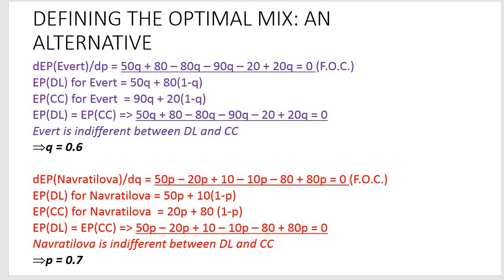And here you have it. So you can do the same in order to define the expected payoff associated with the CC strategy for Evert. And when you equalize them, basically making Evert indifferent between those two strategies, it will be just the same as what you've got when applying the first order condition for maximization. So the result is that q is equal to 0.6. You can do the same analysis for Navratilova, getting p equal to 0.7.